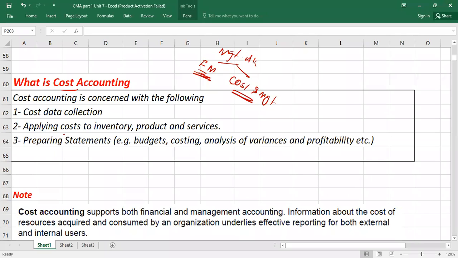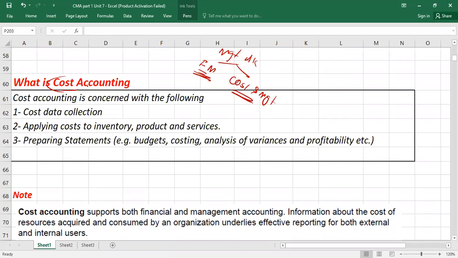First of all, what is cost accounting? Let me give you a small example. Let's assume you are a manufacturer and you are manufacturing chairs. Obviously on chairs, you will use material, maybe plastic, iron, maybe fabric also, steel, metal, right?